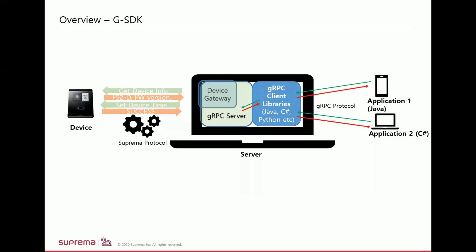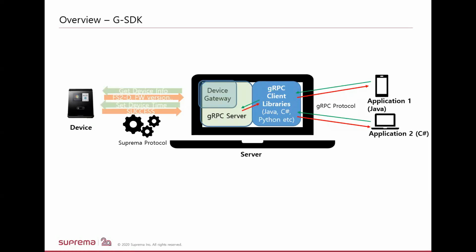So let's take a look at the structure of the GSDK and see more details. Oh, by the way, GSDK means Gateway SDK. You will see why it means gateway. GSDK consists of a device gateway, a gRPC server, and gRPC client libraries.